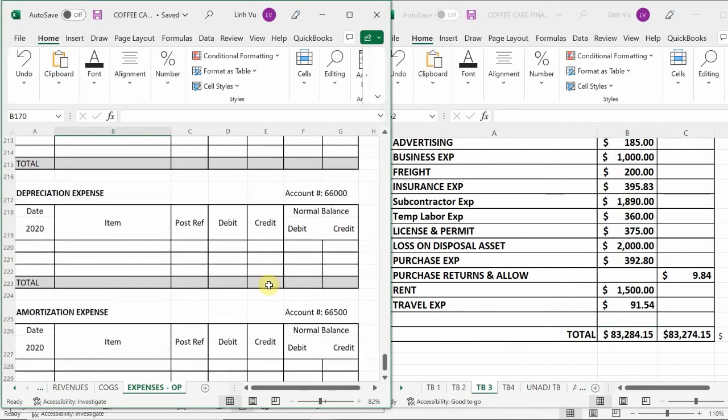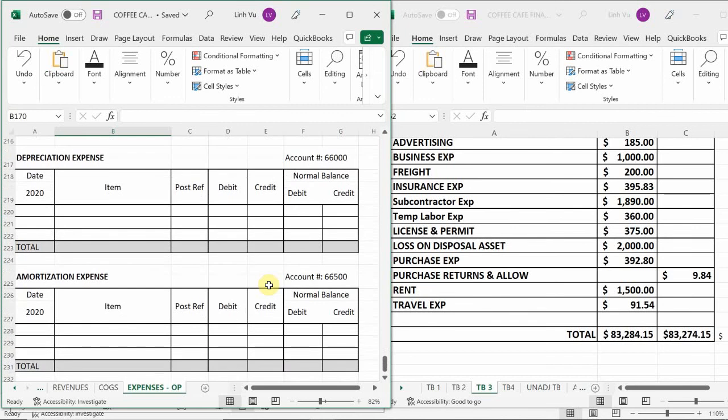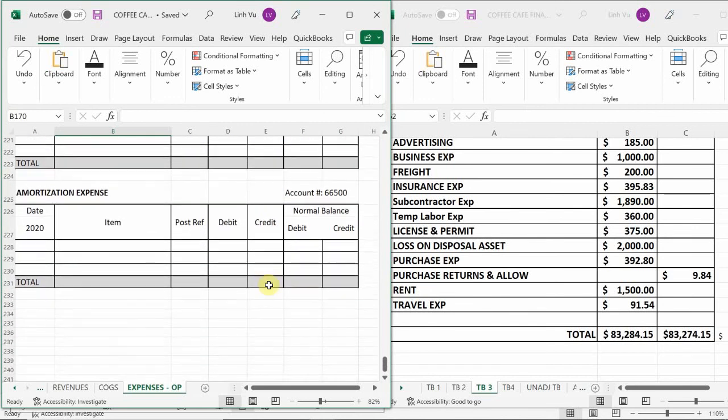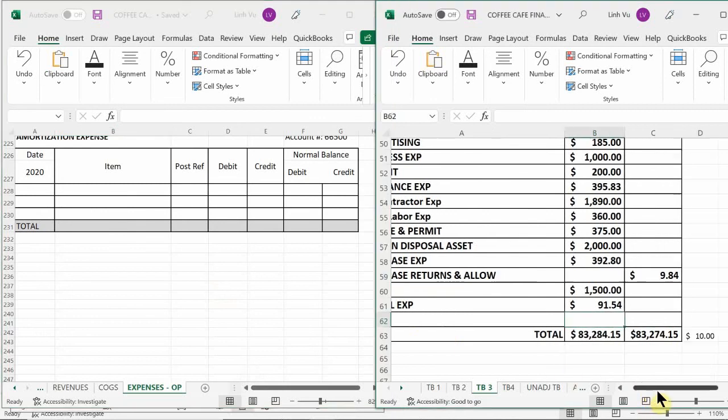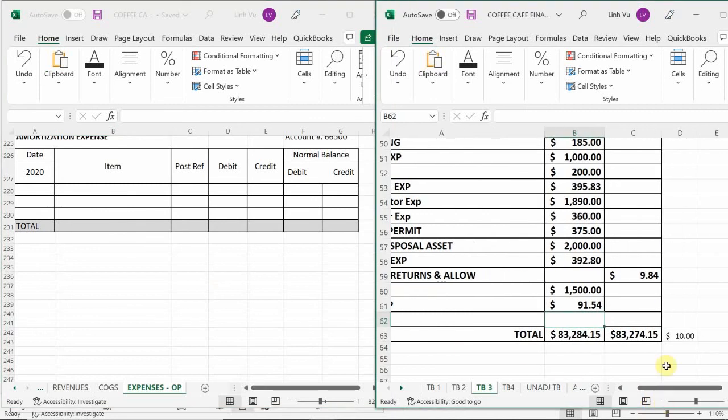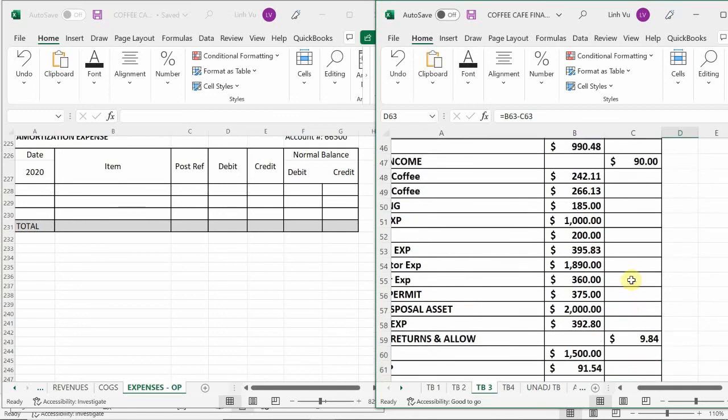No. Bad debt, depreciation, amortization? None. So here I have, oh, I'm off by $10. I must have fat fingered something. So I got $83,284.15, and $83,274.15. So I must be off by $10 somewhere here.